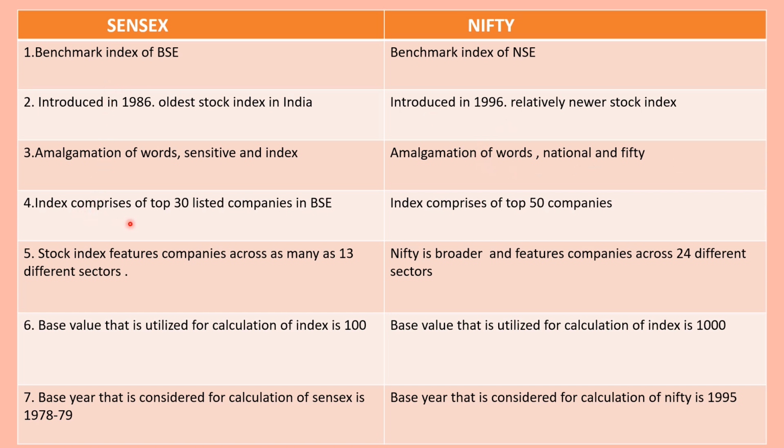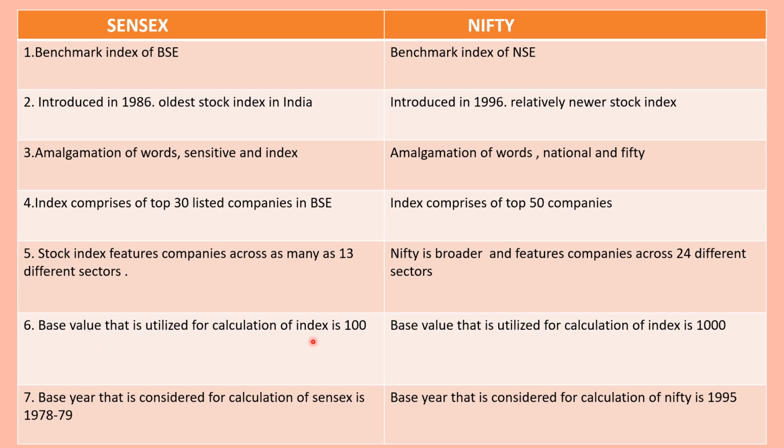SENSEX comprises top 30 companies listed in the BSE and NIFTY comprises top 50 companies. SENSEX features companies from 13 different sectors. I told you, different industries, 13 different industries we have taken as samples. And NIFTY is relatively broader and it features companies across 24 different sectors.